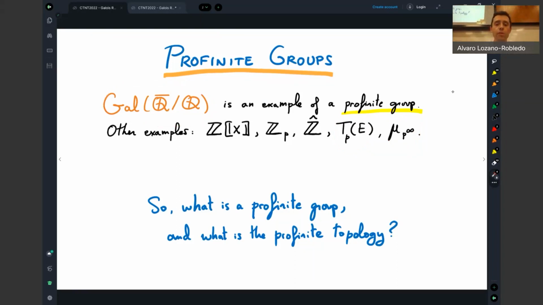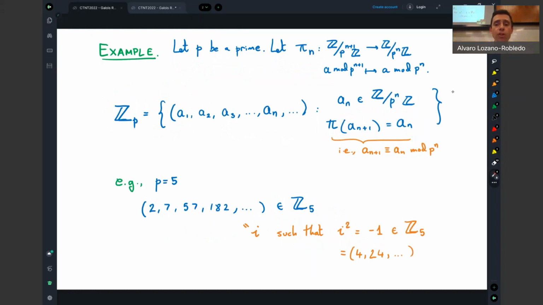So what is a profinite group? And what is the profinite topology on those groups? Great. So let p be a prime. Here's an example of how a profinite group works.